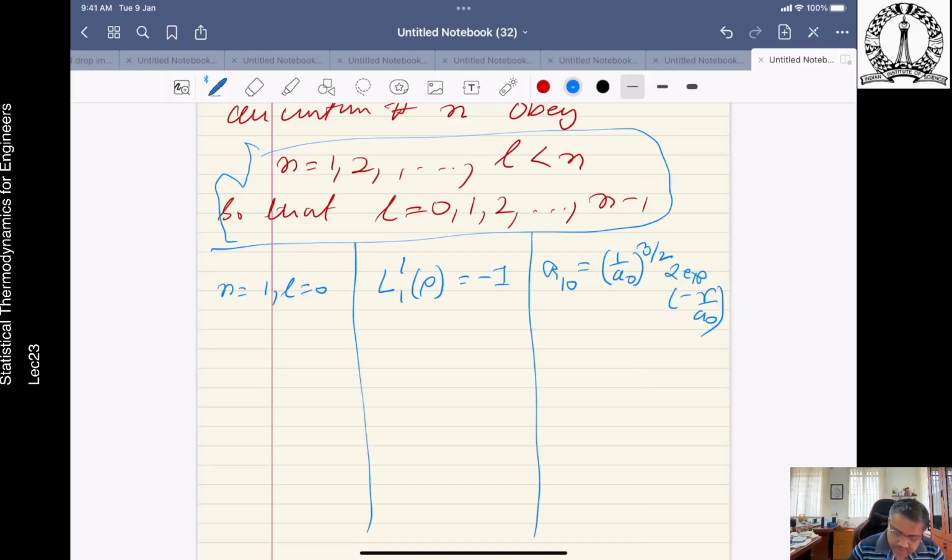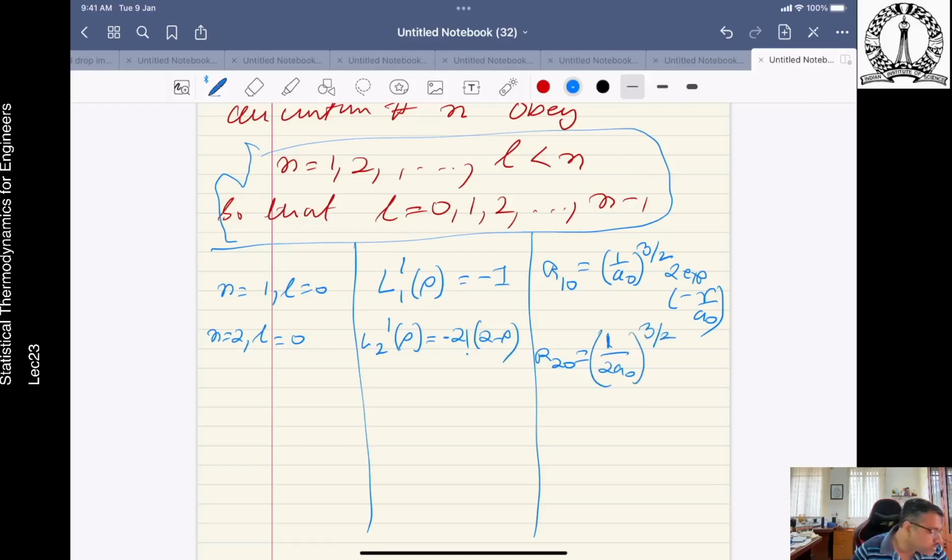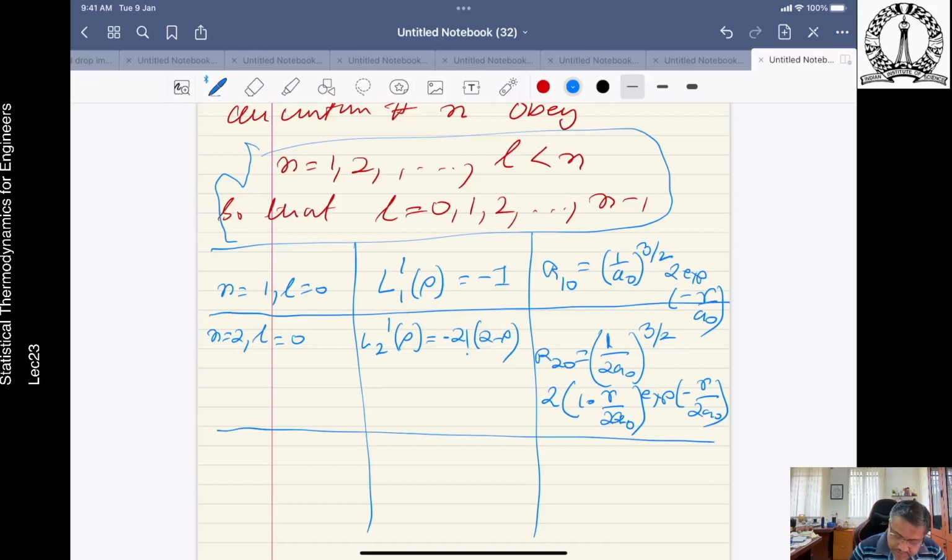Then n equal to 2, L equal to 0, the Laguerre polynomial is minus 2 factorial into 2 minus rho, and R 2,0 is given as 1 over 2 a naught raised to the power of 3 by 2, into 2, into 1 minus r by 2 a naught, exponential minus r by 2 a naught. So this is the second one.